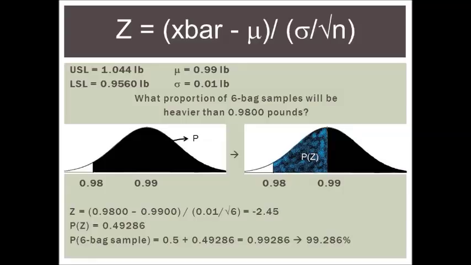So we need to take that other half, 0.5, and add it to that blue shaded region to get the overall probability that is greater than 0.98, which is most of the curve, 0.99286. So there's actually a 99.286% probability that we will pull out a 6-bag sample and it will be heavier than 0.98 pounds, a large, large majority. So you see, in this particular situation, we do not subtract, we add.